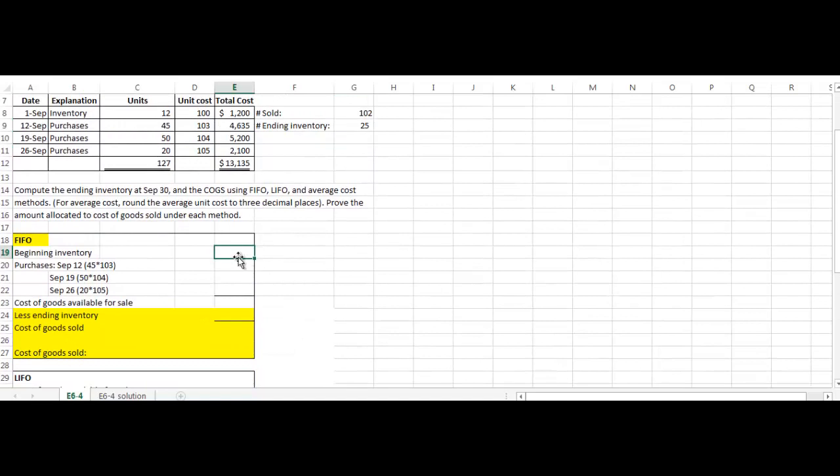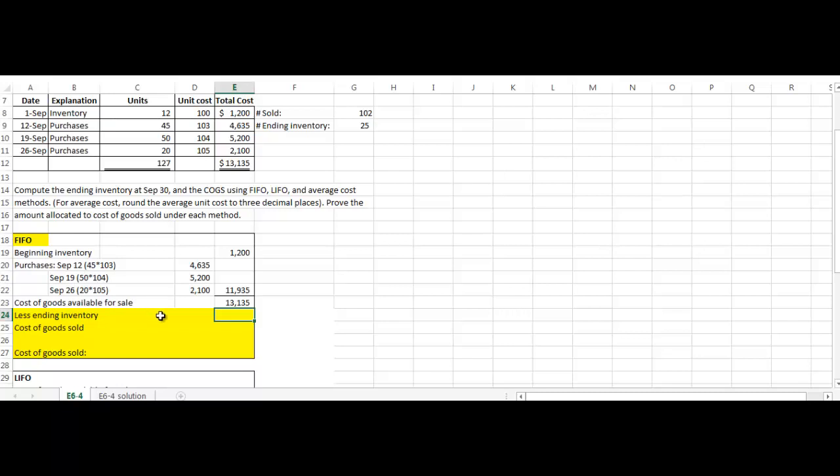We begin at the beginning inventory, which they provided as $1,200. To that, we will add our purchases. We'll add those to our beginning inventory to arrive at our cost of goods available for sale.